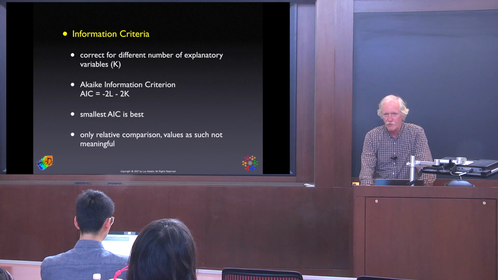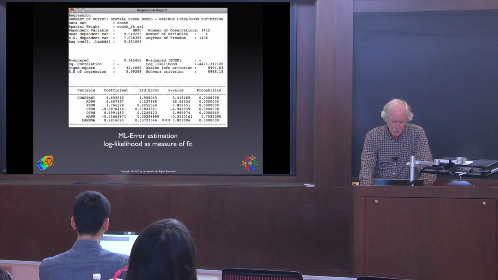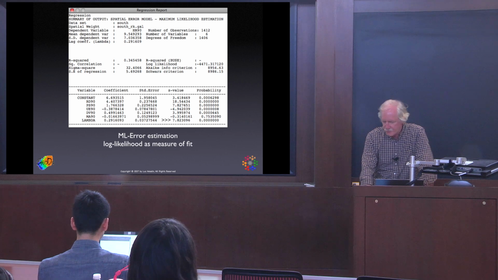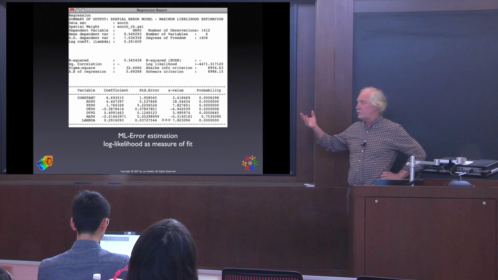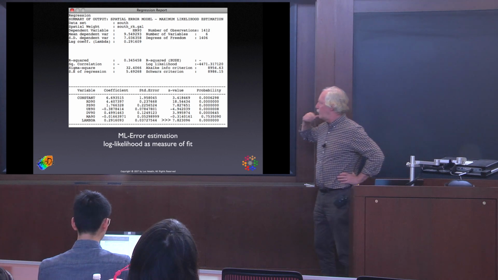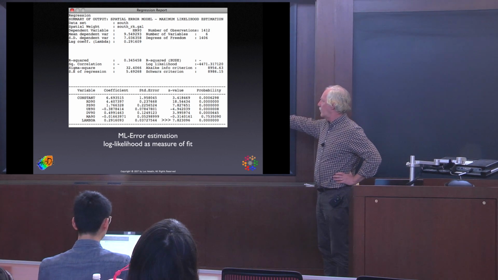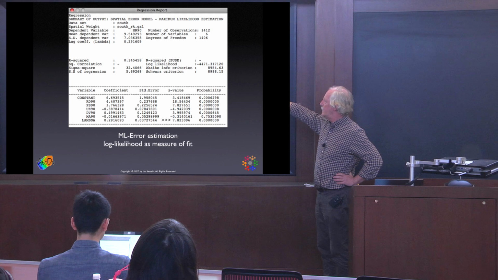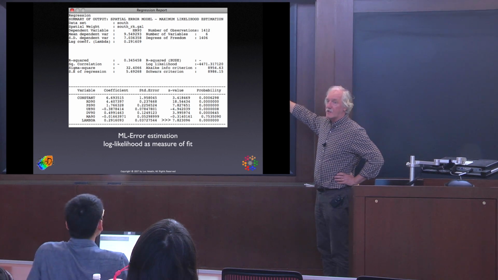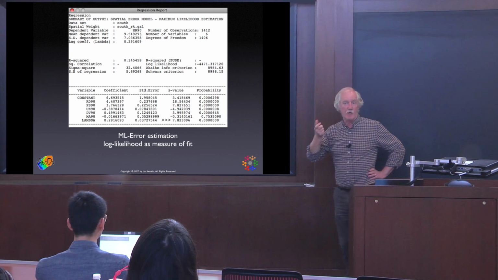When you write it yourself, you know exactly which assumptions you made. Okay, so let's look at this, for example, and I'll get back to this in a few minutes. So this is a standard output in GeoDa for an error model, and we can look at the log likelihood, minus 4471, and then you see the likelihood is negative, the AIC is positive.